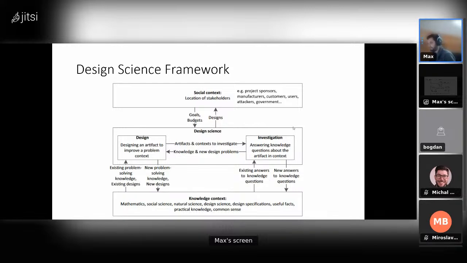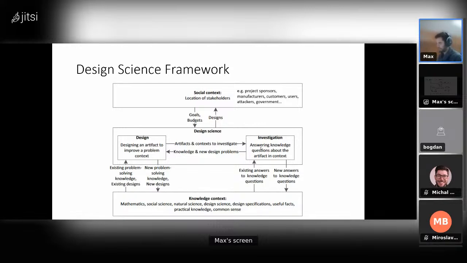On the other hand, you have the knowledge context. It's all the things that you already know. It can be mathematics, natural science, in our case design specifications, or all the things that we know in IT.